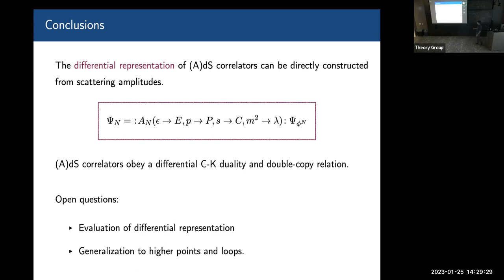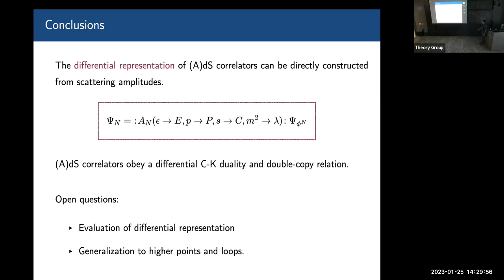I think this is a very concrete step towards understanding the hidden structure of these correlation functions in AdS and dS. But beyond just having these nice looking formulas, we also want this representation to have a practical use for calculating something, right? That was the power of double copy for amplitude studies. In order to do that, we have to address the following question.